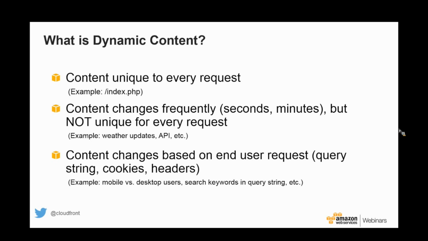They're getting the same weather data for the next few minutes. And then also there's content such as search results that is unique based on the query string. So if you're searching for books on the Amazon.com site, the search results that come back are specific to that keyword, books versus DVD players. So there's customization based on the query strings as well.